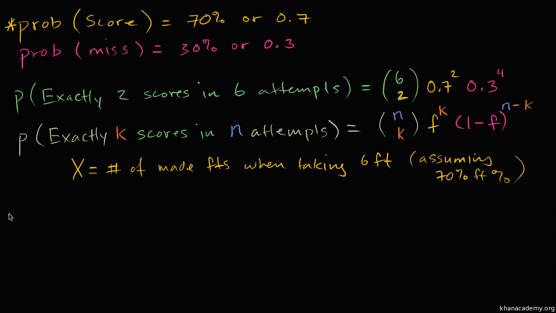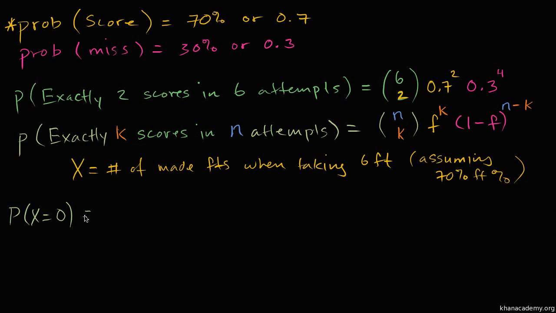All right. So let's figure out the probabilities of the different values that x could actually take on. What is the probability that x is equal to 0? That even though you have a 70% free throw percentage, you make none of the shots. You could calculate this through common sense without all of these fancy things, but just to make things consistent, I'm going to write it out.